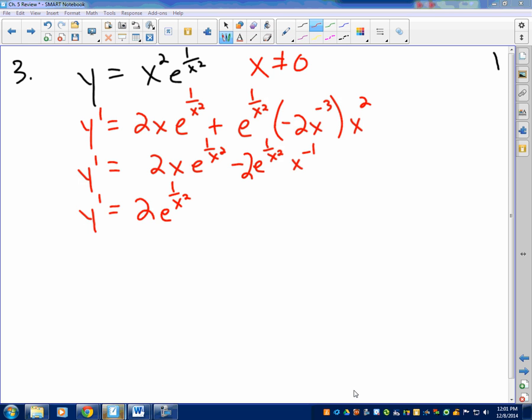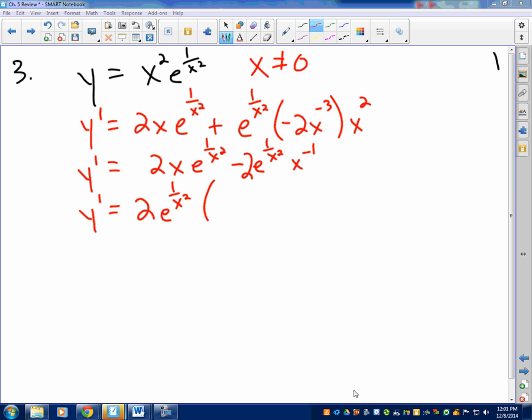And that's a common tactic because what will happen here is this, when I use the zero product property, will have no solution. So when I set that equal to 0, there will be no solution for that. It is undefined at x equals 0. We need to keep that in mind because remember, when we break up our table based on critical points, and critical points are where either the derivative equals 0 or where the derivative does not exist, we still will have the potential for a break in our table there.